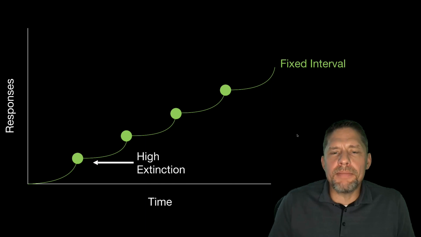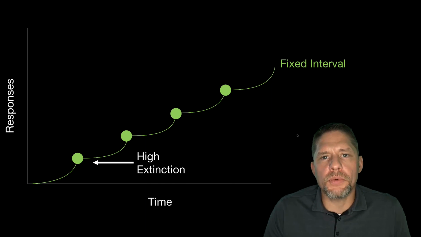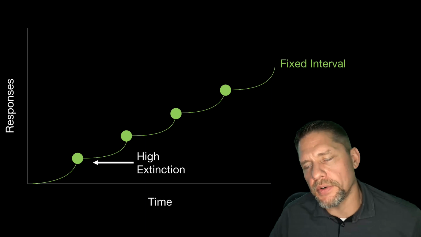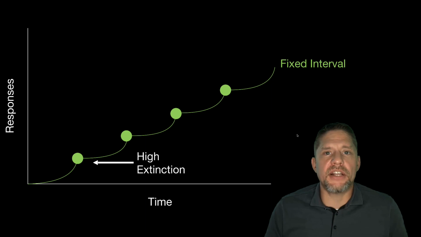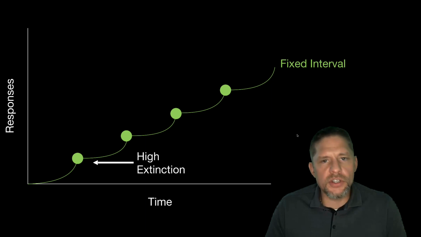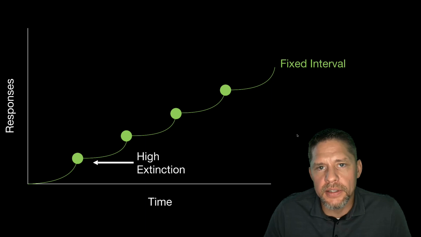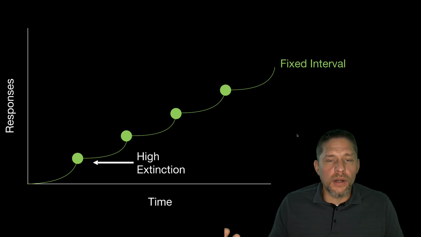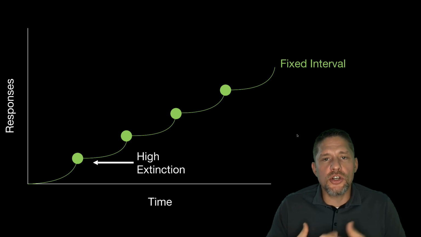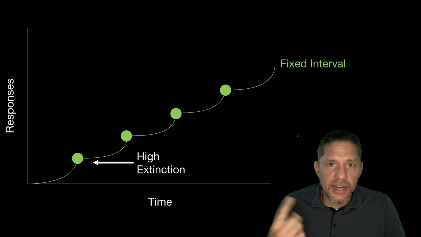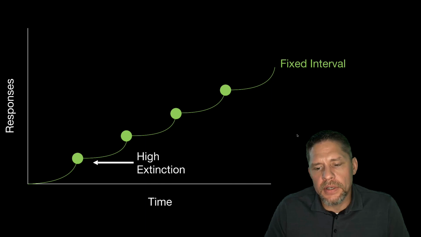So what game mechanics come to mind when we're talking about fixed interval? Well, the most common one that comes leaping to mind are daily quests, right? You can do this quest once a day. It resets at midnight every night. So if you've done it once, there's no chance that you're going to do it again until that interval elapses.